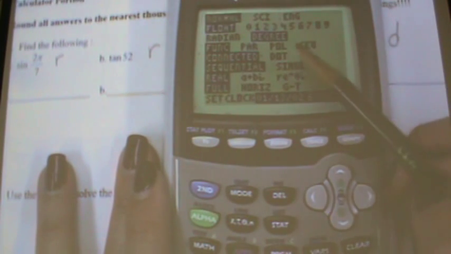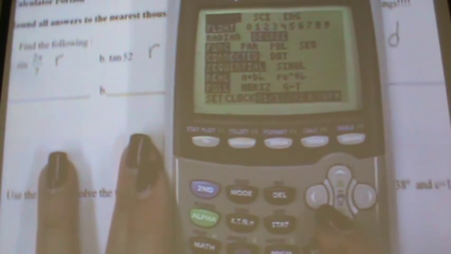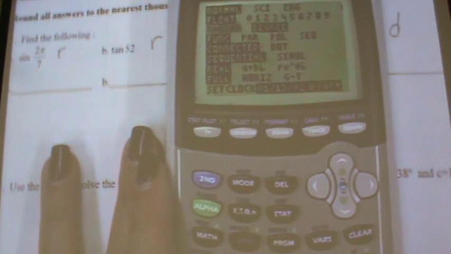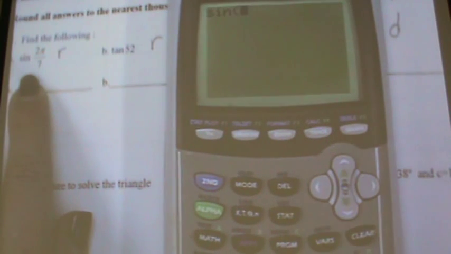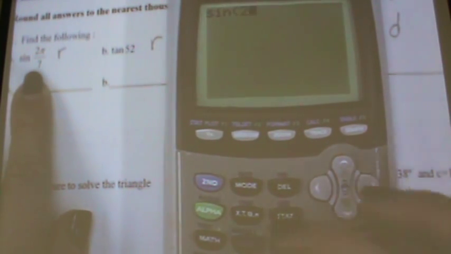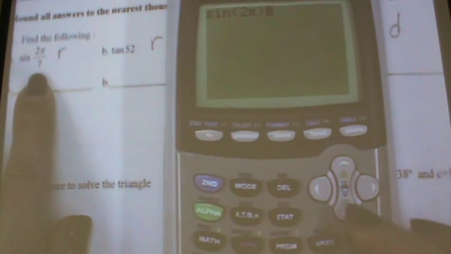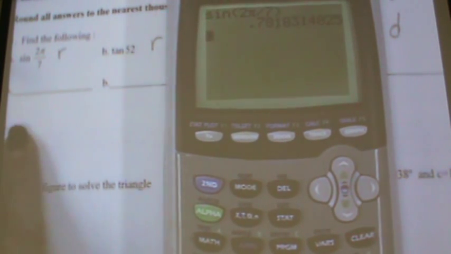If it's in degree mode, if you're using this calculator, you go to mode and it's in degree. I would do this one in radian, make sure it's in radian, and then all you're going to do is do sine, and then 2 pi, parentheses, divided by 7, like that, and there's your answer.